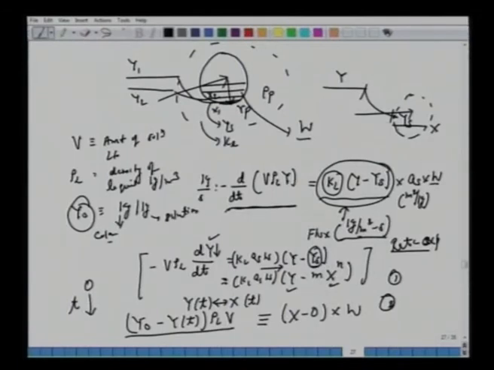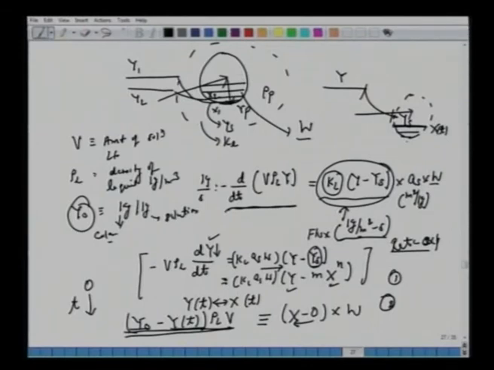But what is X? X starts from 0 and at any time this X is a solid phase concentration. How has this concentration increased from 0 to this? Well, over a time of t, from 0 to t, the concentration has come down from the initial value Y0 to any time Yt. You make this balance. The concentration of the solid has increased from 0 to X, so you have X minus 0 into W.